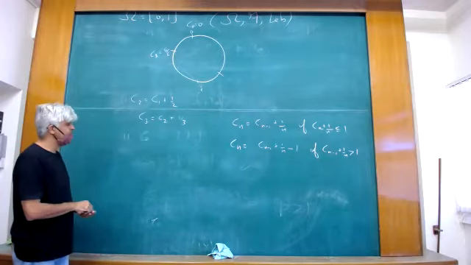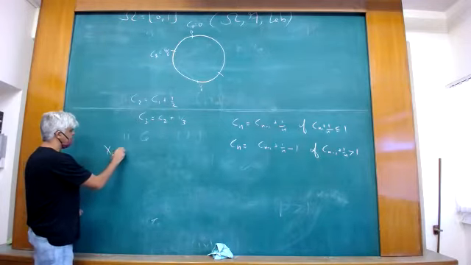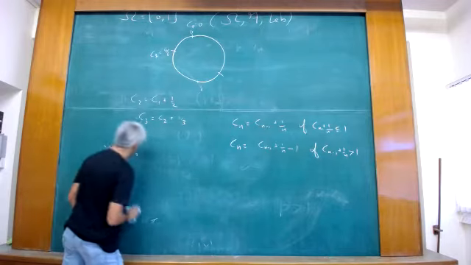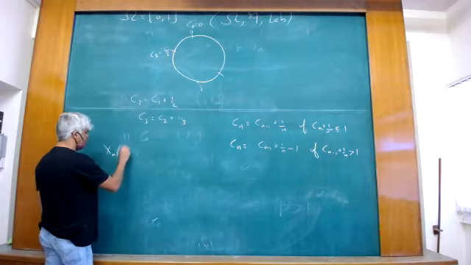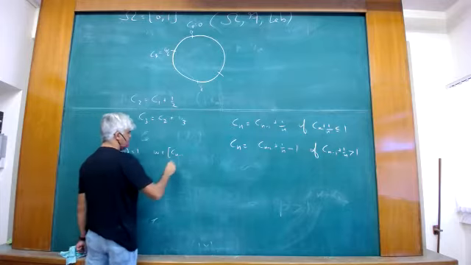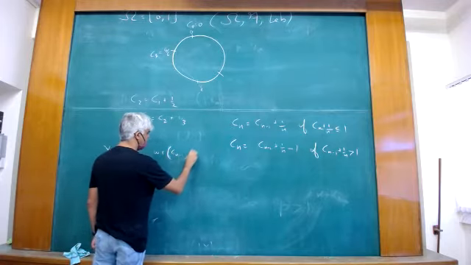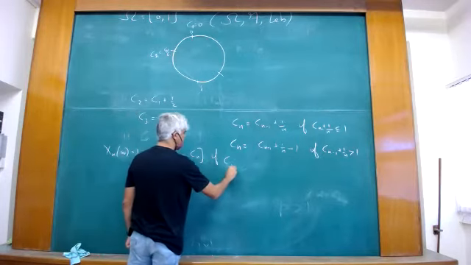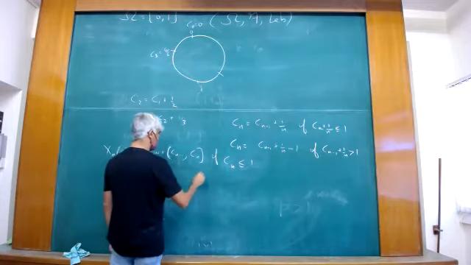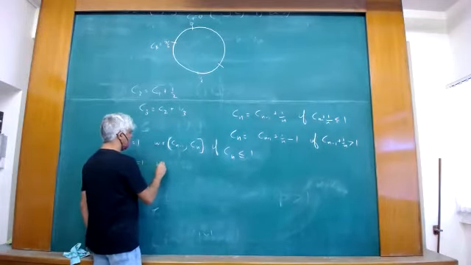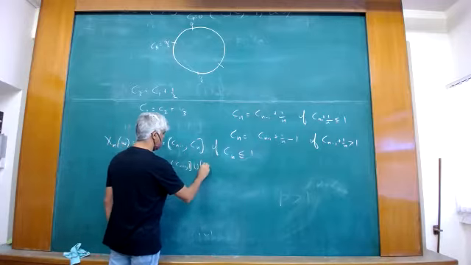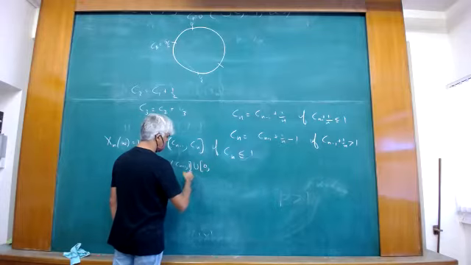So now I can define random variable Xn to be equal to 1 if Cn is equal to 1, or zero otherwise.